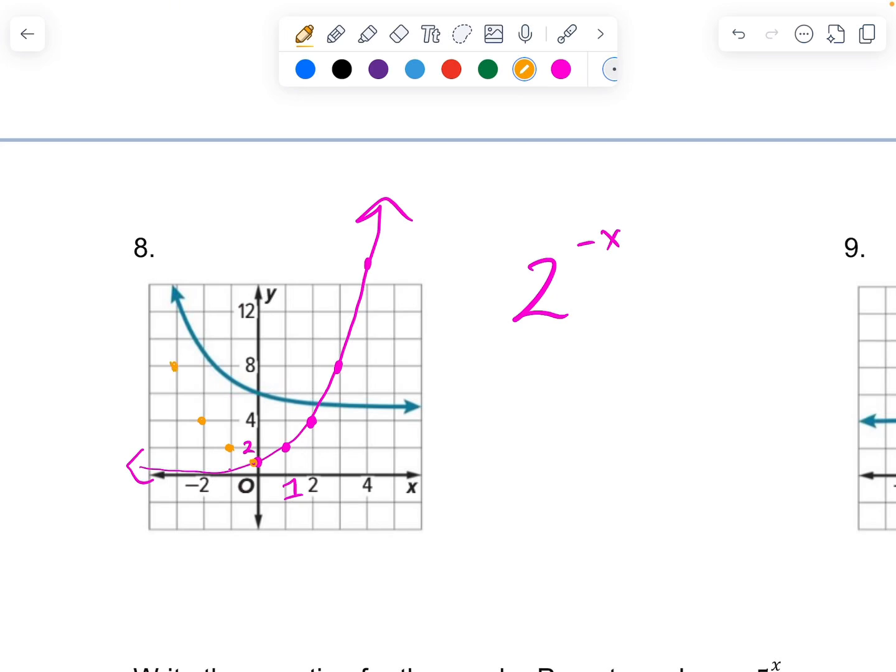So what did it do? Well, let's see, it went up from 2, it went up to 6. So that's up 4. So did all of these points go up 4?